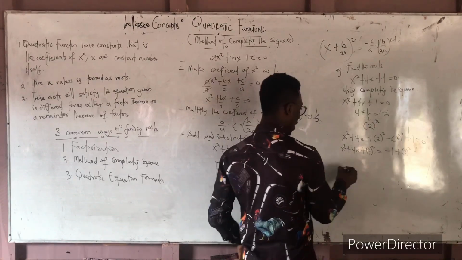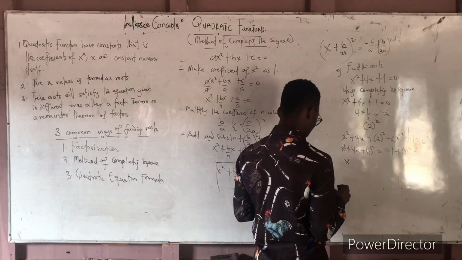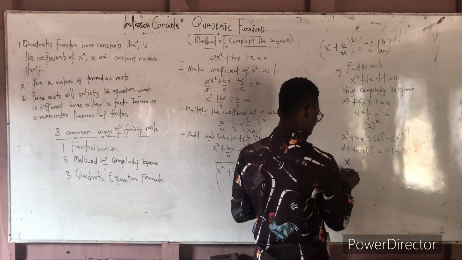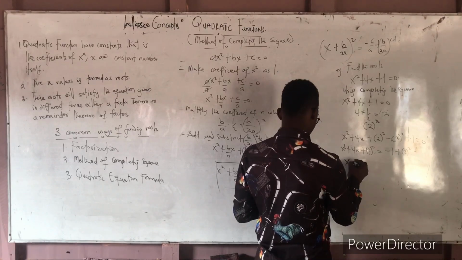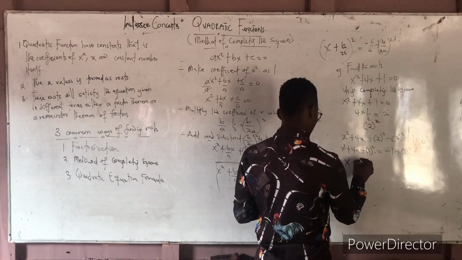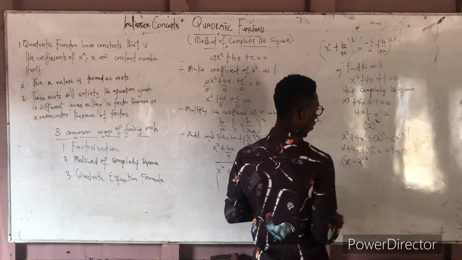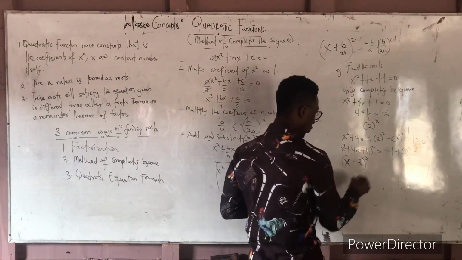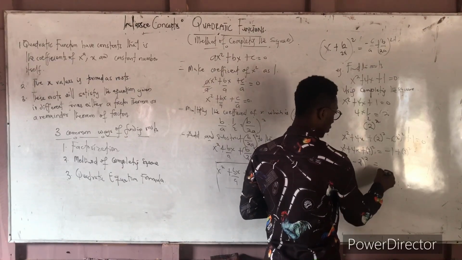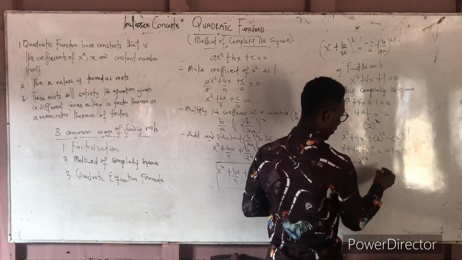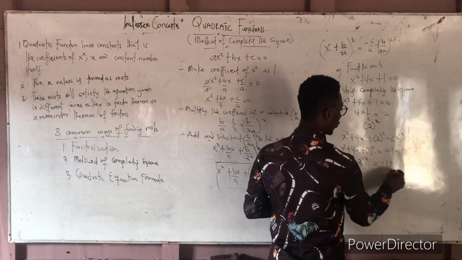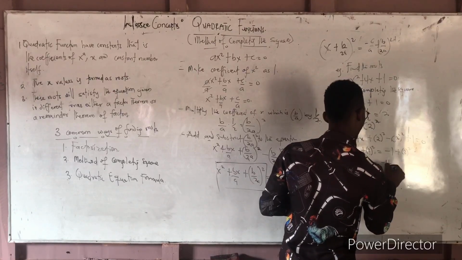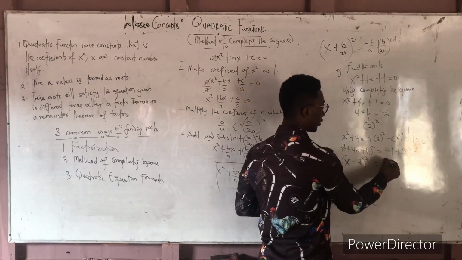So when you do this, you are getting x plus 2 all squared, which is equal to minus 1 plus 4, which is equal to what? 3.